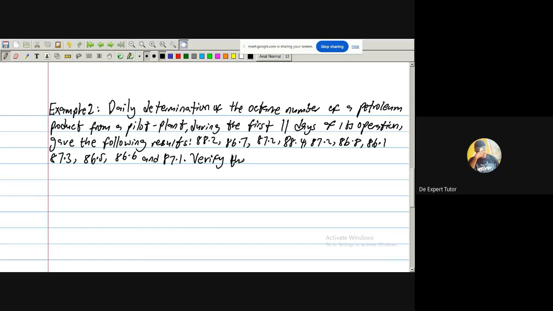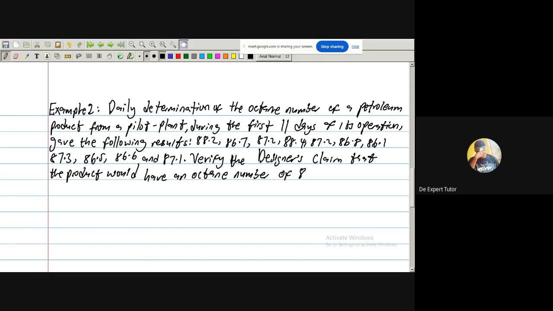Verify the designer's claim that the product will have an octane number of 87.5.